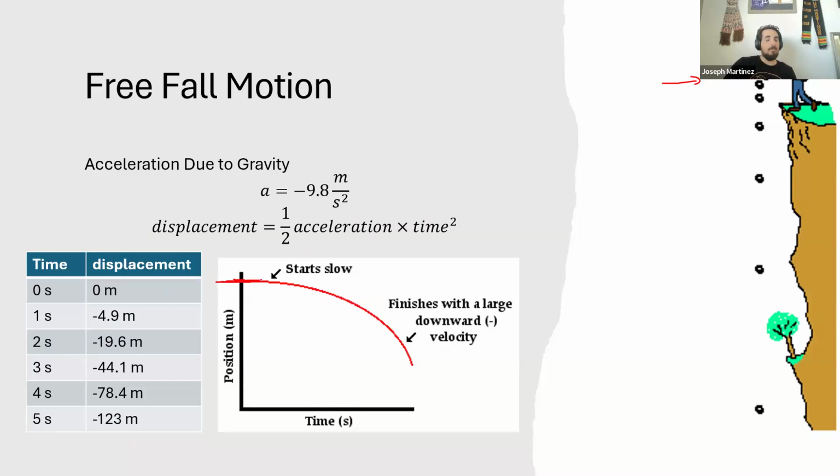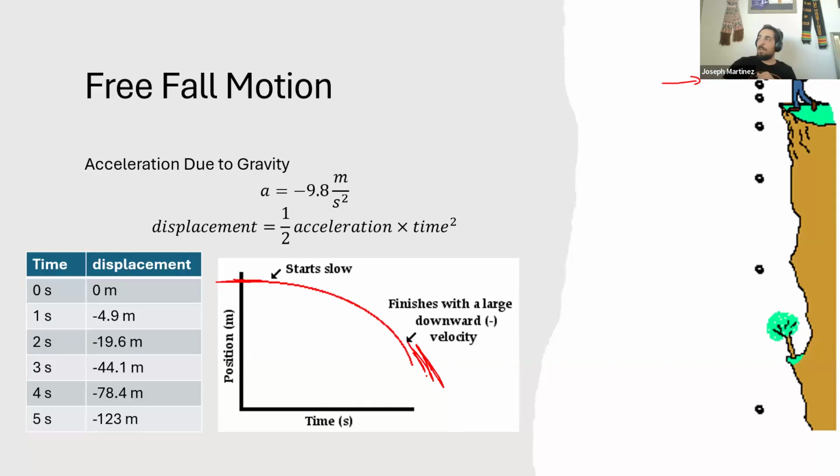So we start off with a relatively shallow slope. And as time progresses, we start to move faster and faster, and we get this larger slope towards the end, indicating a faster moving object. And this is what our graphs for position or displacement over time would be.